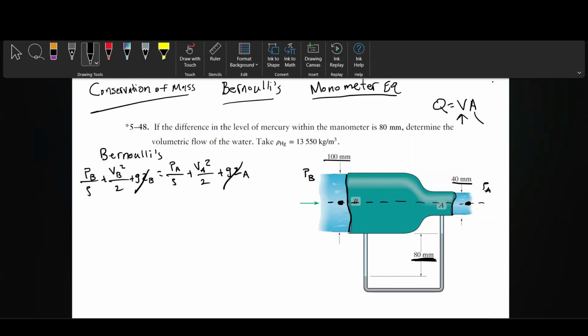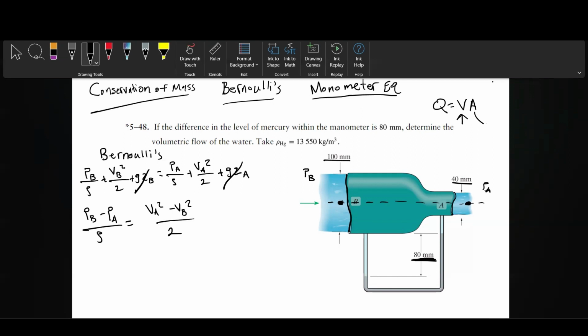It could be the velocity at B or the velocity at A, or yeah, at A. So let's try to solve for the velocities here. We're going to say PB minus PA over rho equals VA squared minus VB squared over 2.